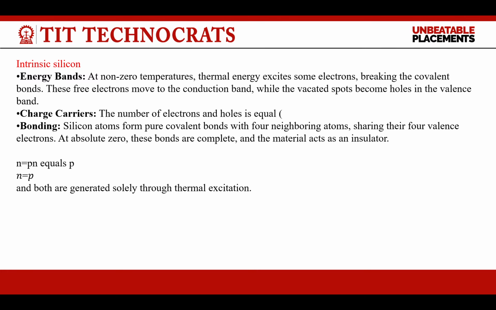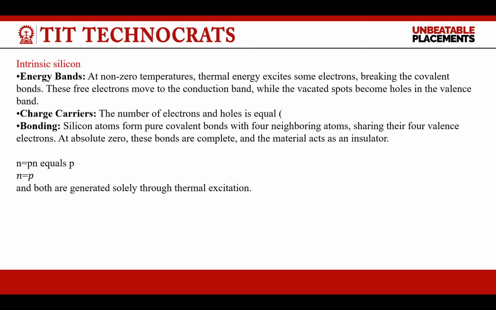Now the intrinsic silicon. The energy band of intrinsic silicon is at non-zero temperature. Thermal energy excites some electrons, breaking the covalent bond. Charge carriers: the numbers of electrons and holes are equal, and the bonding in the silicon semiconductor forms pure covalent bonds with four neighboring atoms sharing their four valence electrons.